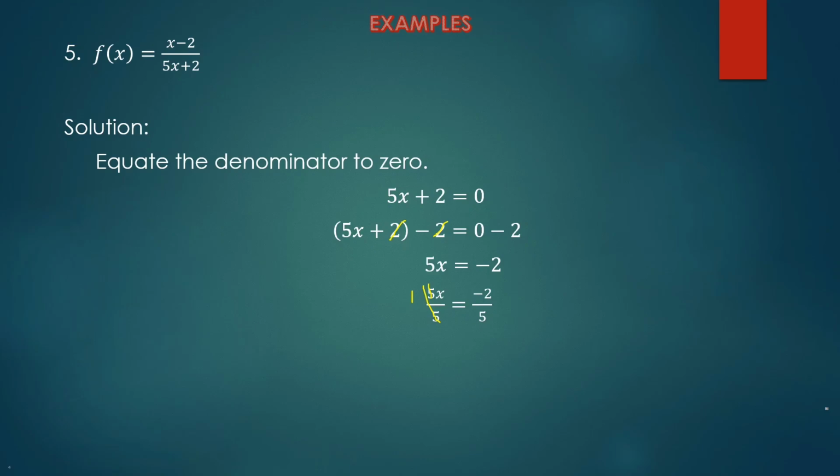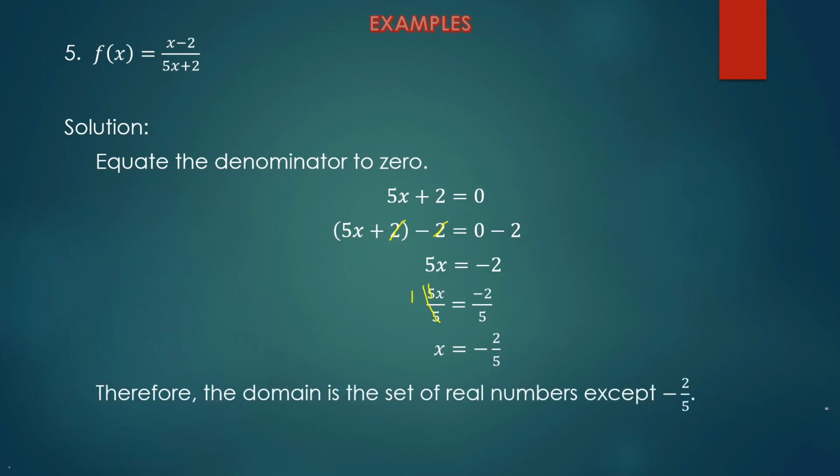Our final answer is negative 2 over 5. Therefore, the domain is the set of real numbers except negative 2/5. Or in symbols, x is an element of real numbers such that x is not equal to negative 2/5.